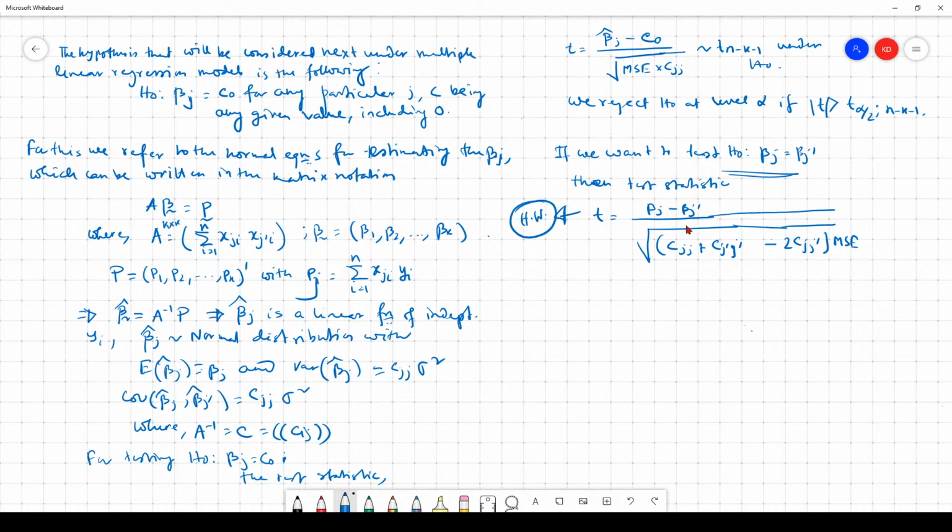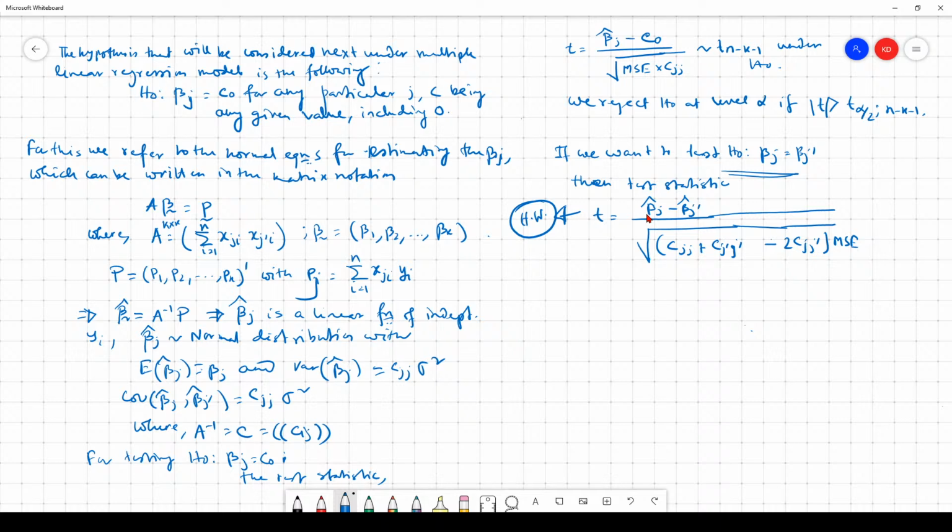So for this you need to find the expectation of beta j hat minus beta j dash hat, then find the variance of beta j hat minus beta j dash hat. Then from this you can say that this is a T distribution. Before that you need to check whether beta j hat minus beta j dash hat is a linear function of independent yi's.